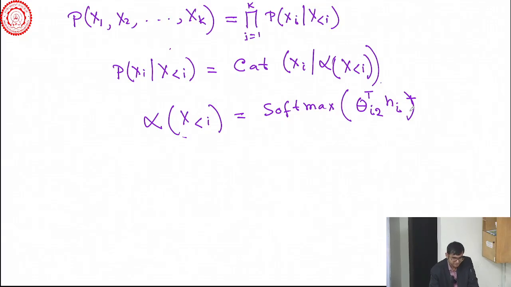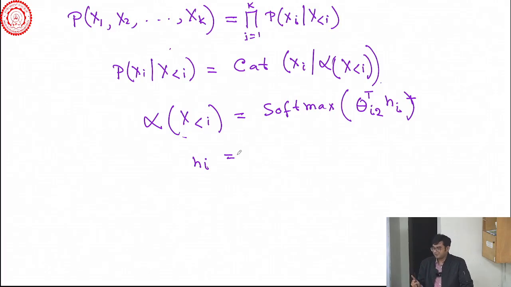And what is H I equal to? Where H I is equal to, it will be now sigma, not sigmoid. Sigma means activation function. It can be any activation function. It can be ReLU, ELU, GELU, Mish, sigmoid, whatever you think is good.